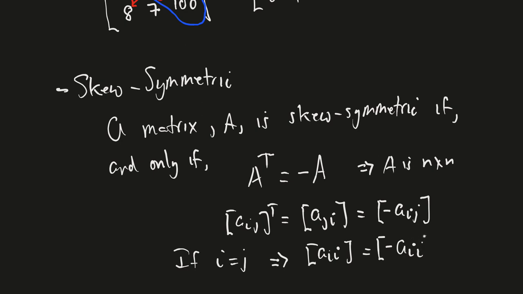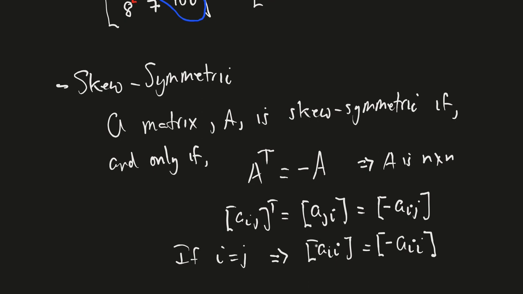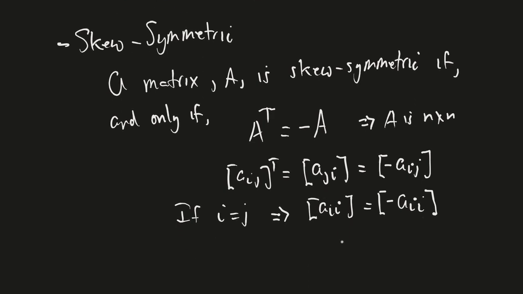What number is the same with or without a negative in front of it? Let's look at it. This is saying, for instance, that a_ii has to be equal to the negative of a_ii. If I add a_ii to both sides, I have 2a_ii equal to 0. So the entries on the main diagonal have to be equal to 0.